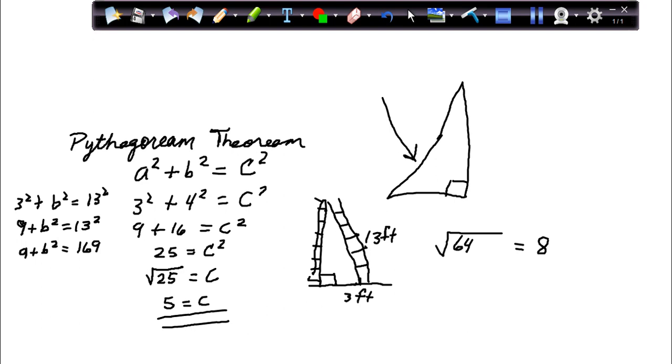So we're going to do that with a minus 9 here, and that cancels out this one, and it leaves what? b squared over here. But remember, what we do to one side, we have to do to the opposite side, so we have to do a minus 9 over here, right? And so that'll leave us b squared on one side and 160 on the opposite side.